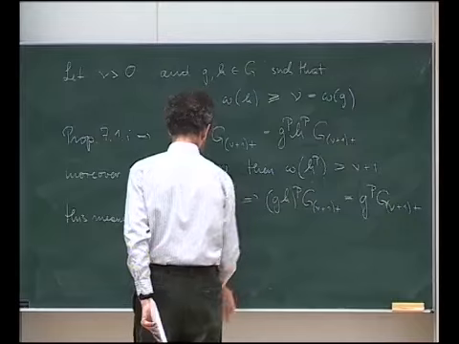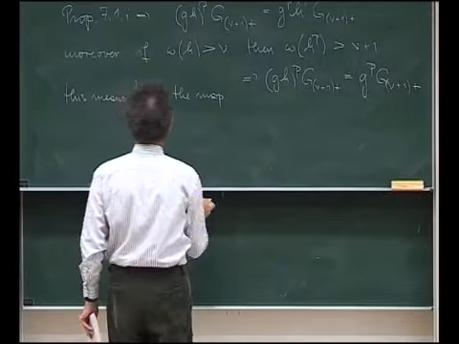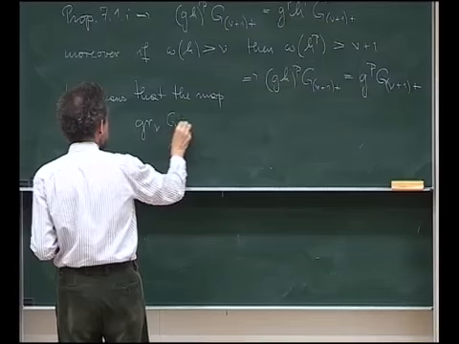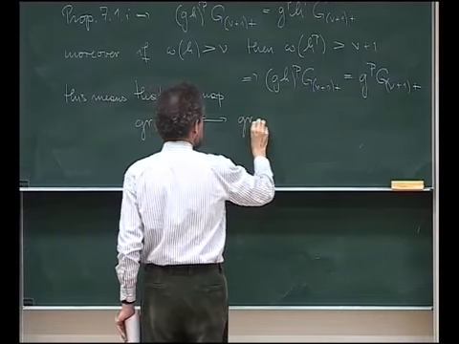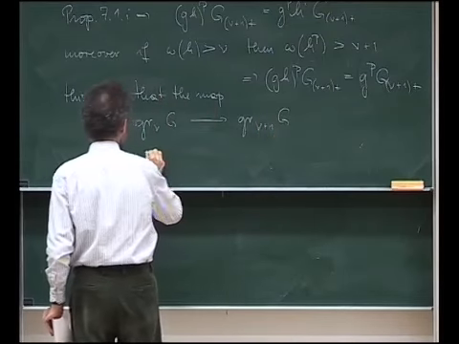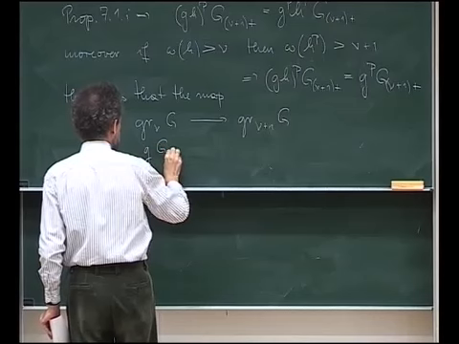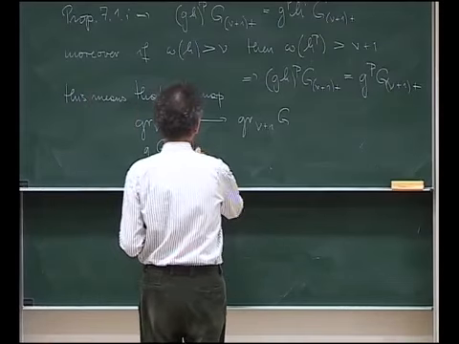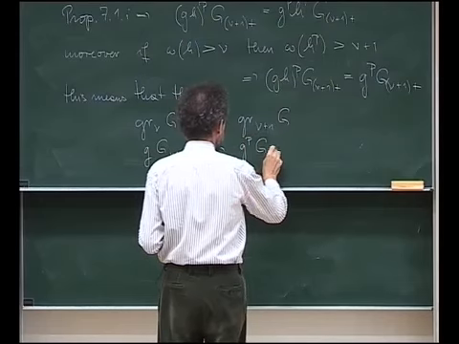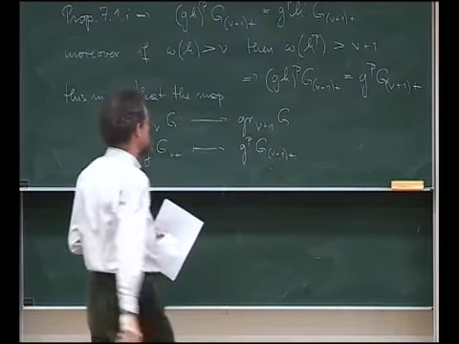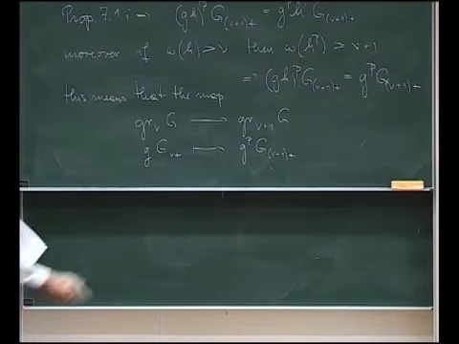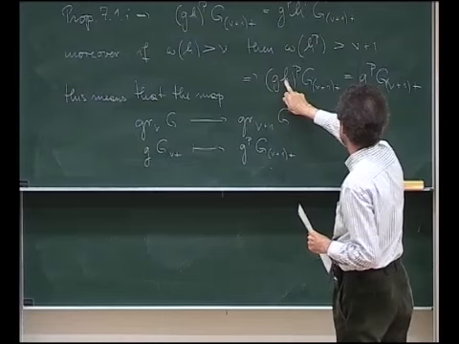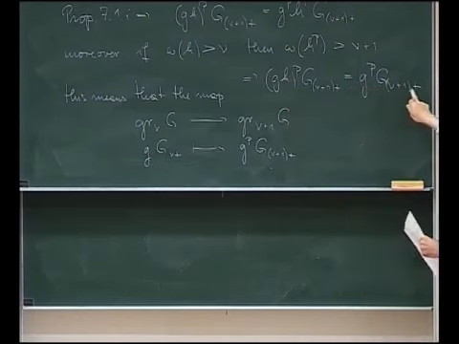So this means that the map going from u G to u plus 1 G, sending g u plus to g to the p, g u plus 1 plus, is well defined, right?